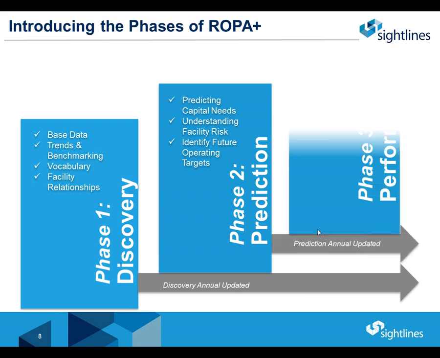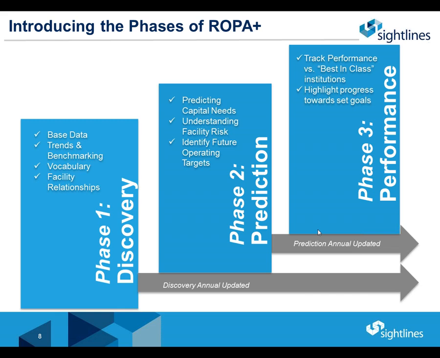The third phase that we're adding, continuing the discovery and the prediction phases, is a performance phase, where we are going to be setting up essentially key performance indicators, a way of tracking performance not only against your peers, as we've always done going back to the discovery process, but against the best-in-class institutions.